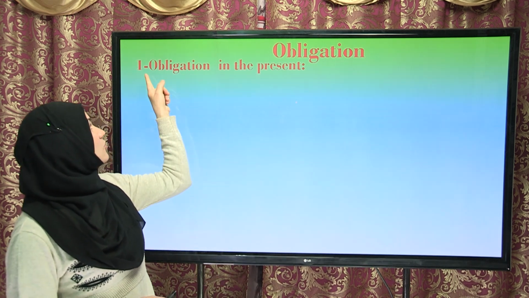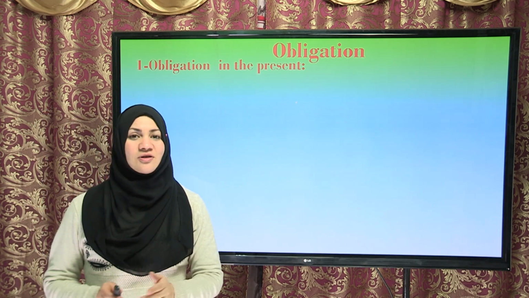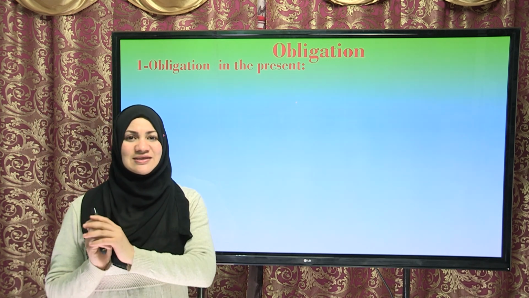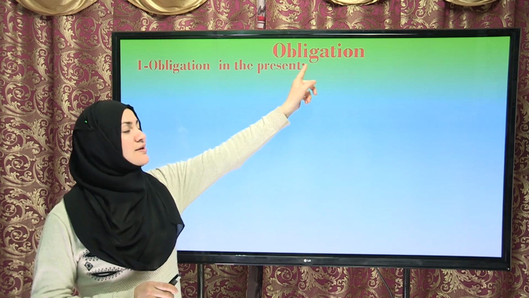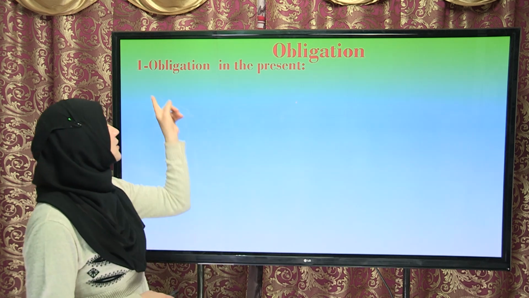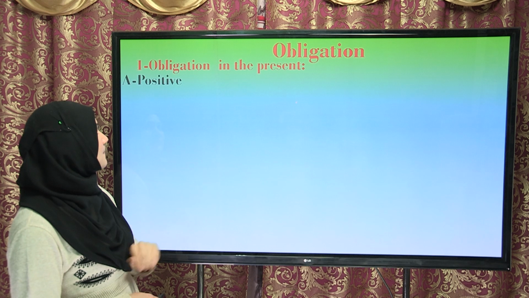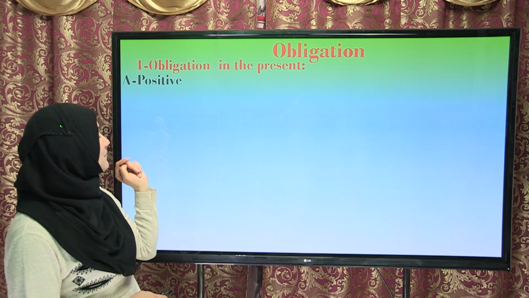First point, or firstly, we have obligation in the present. Of course, with the same points that we have seen in ability, we are going to see the same points, but here in obligation. So let's see together what is the modal verb. Obligation in the present, positive form, affirmative form.